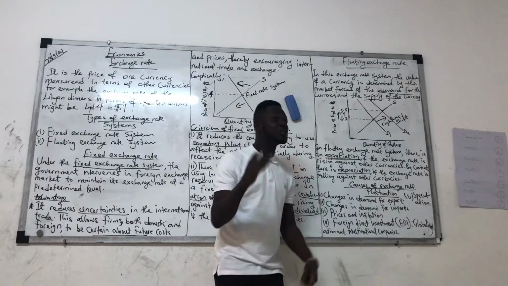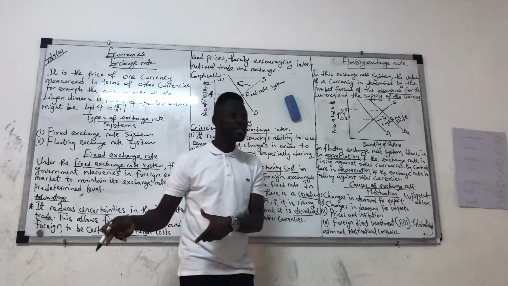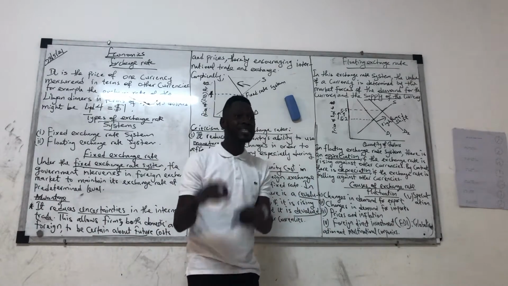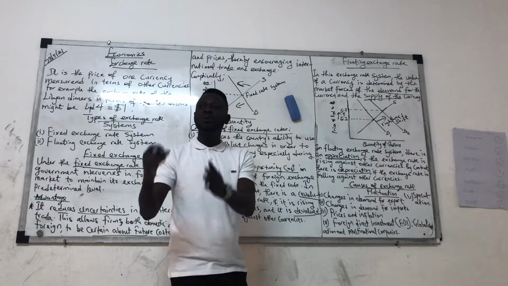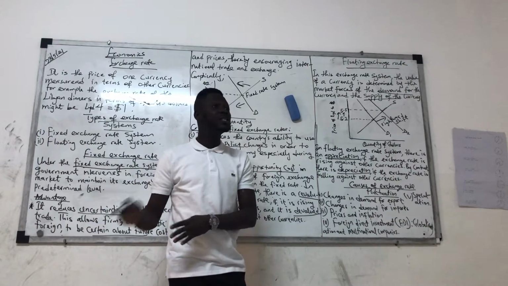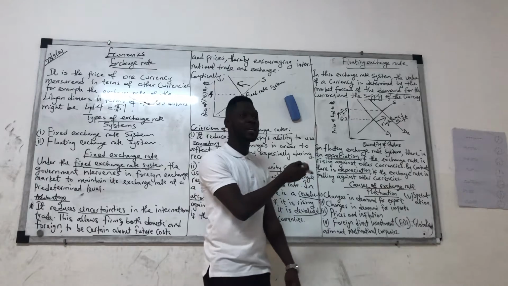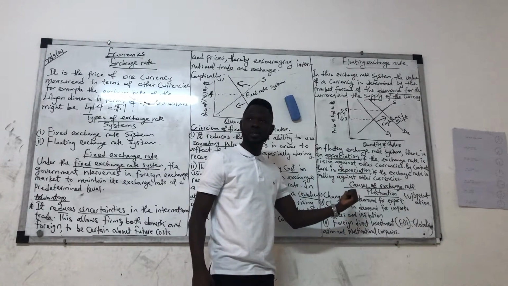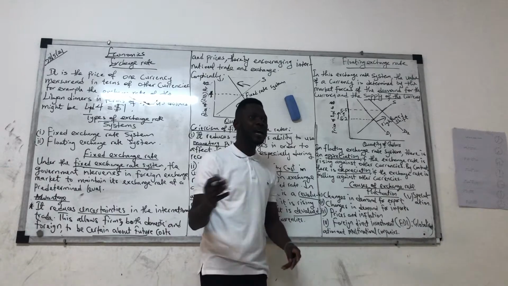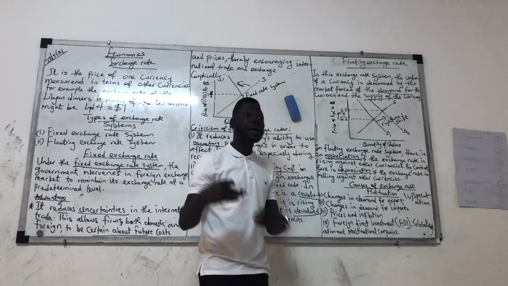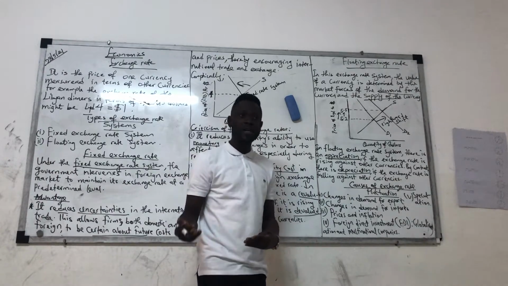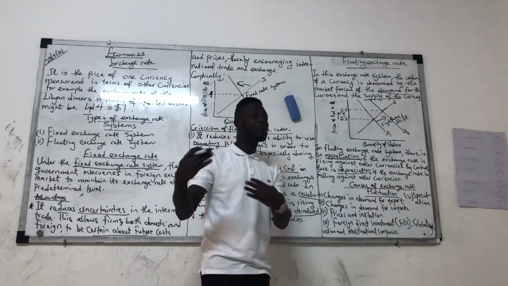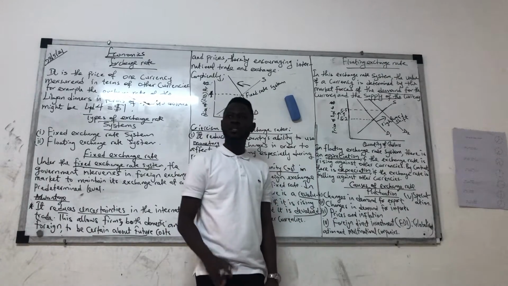So fixed exchange rate does not change except when the government and the central bank of that country sit down to decide and determine what the exchange rate will be. It is not determined by the demand and supply of the currency, unlike the floating exchange rate. The floating exchange rate changes at any point in time. When the demand is high, the floating exchange rate will rise. When the demand falls, or when the supply falls, the exchange rate will also change.